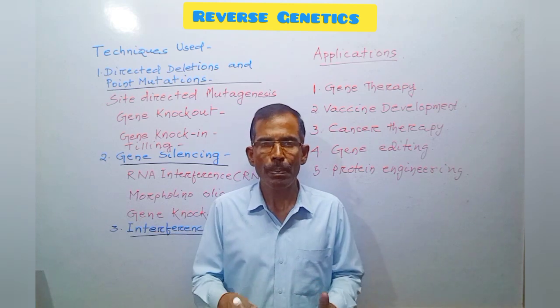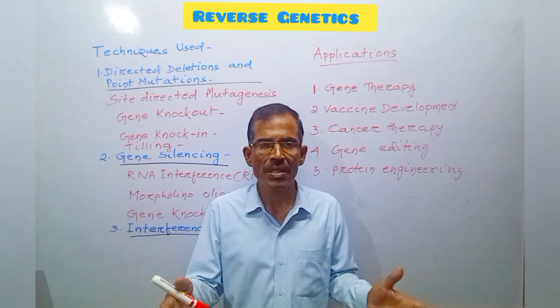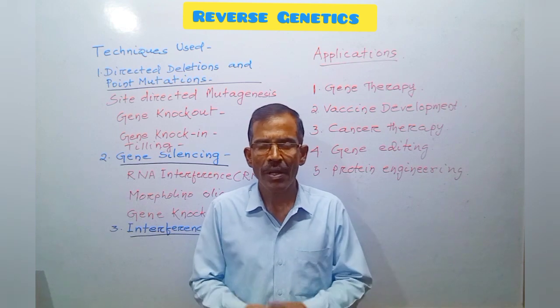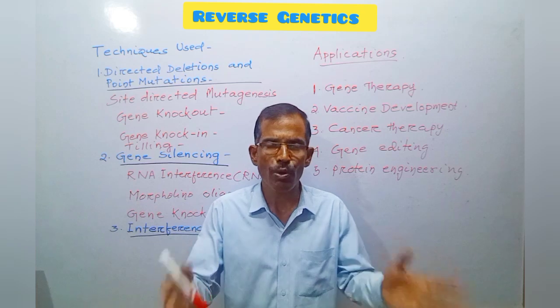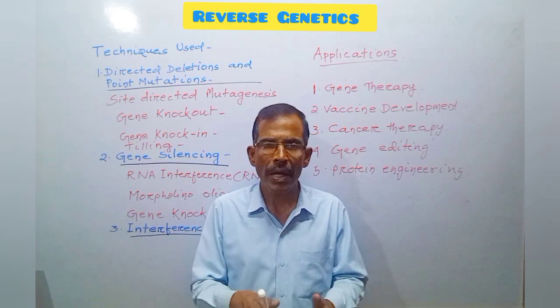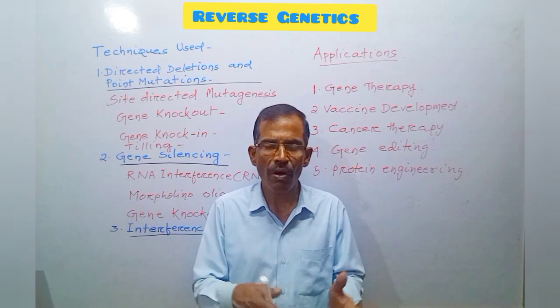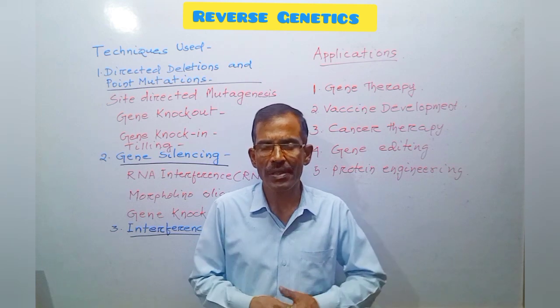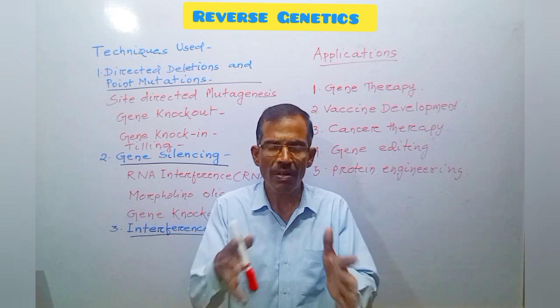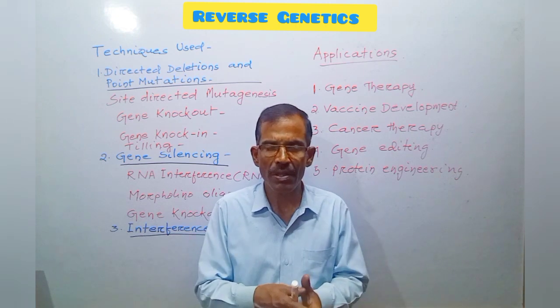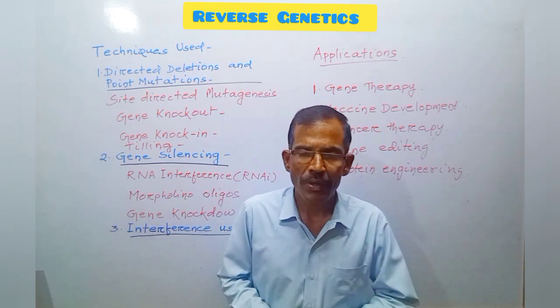For example, overexpression of a mutant gene results in the accumulation of non-functional proteins that may outcompete wild-type proteins. And this accumulation of non-functional proteins results in the mutant phenotype.